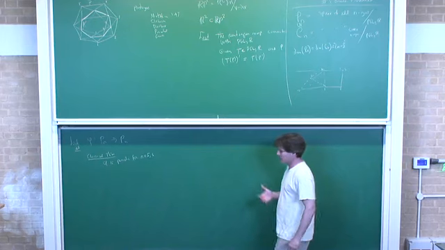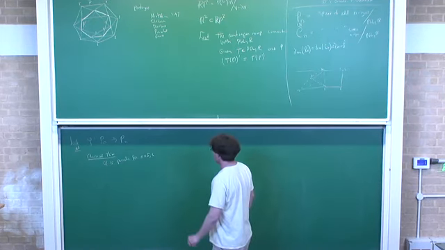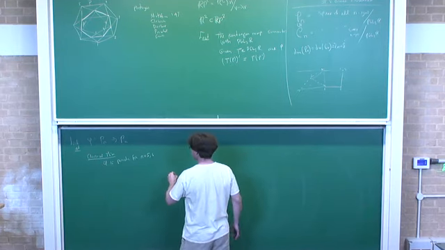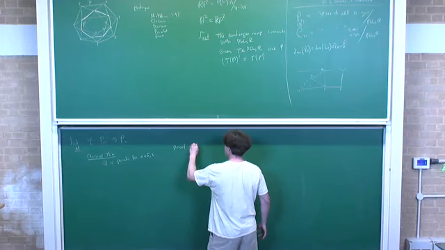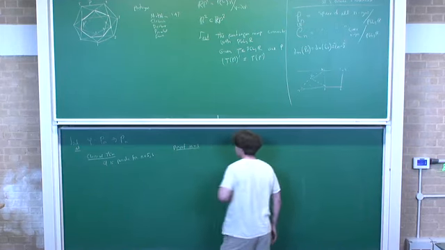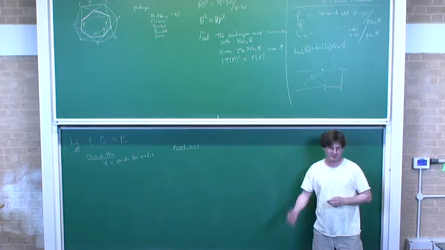So I'll give you the proof for n equal 5. I learned this proof, this classical case, from John Conway when I was a graduate student.